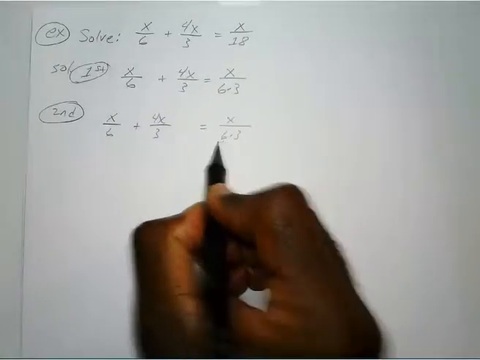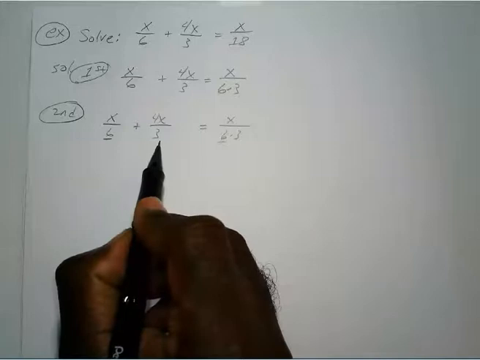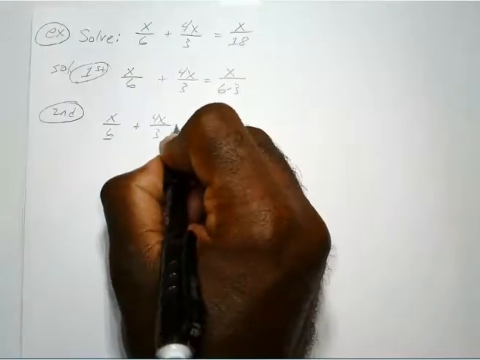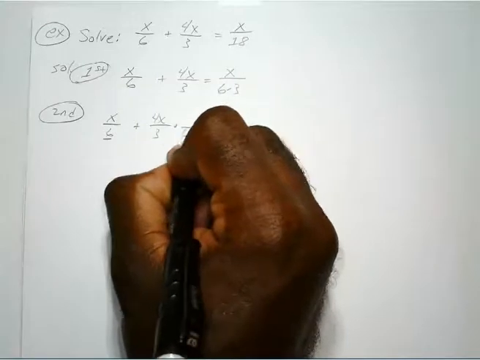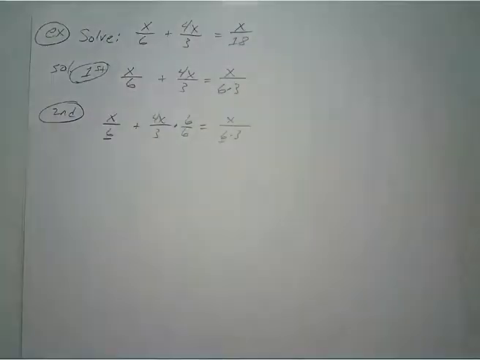You have a 6 here, a 6 here, but you don't have a 6 here. So in order for them to match, you have to put a 6 there. So you multiply this denominator by 6, but whatever you do to the denominator, you have to do it to the numerator.